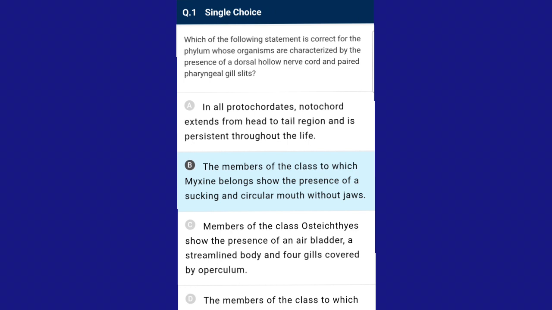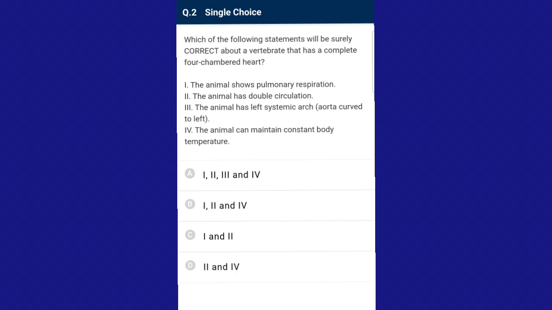The members of the class to which hagfish belongs show the presence of sucking and circular mouth without jaws. Question number 2. Which of the following statements will be surely correct about a vertebrate that has a complete four-chambered heart?